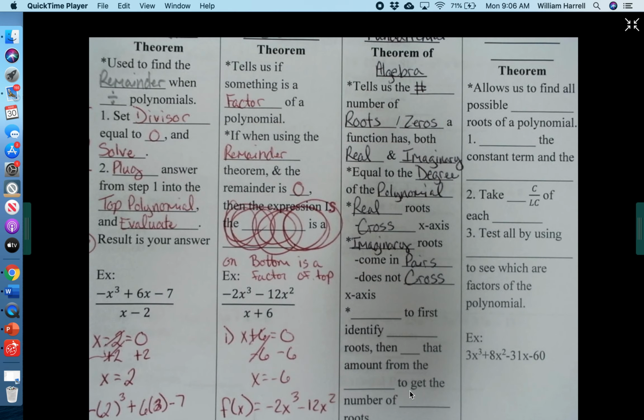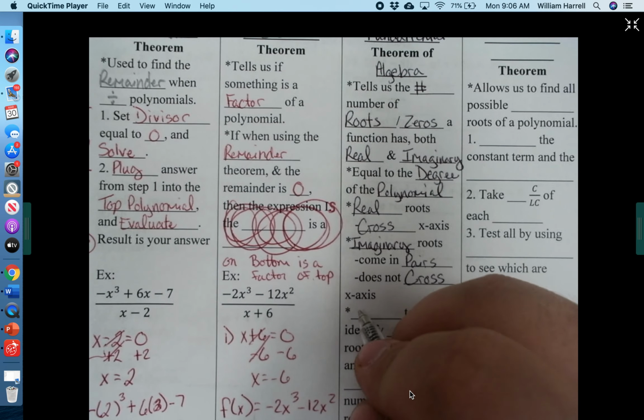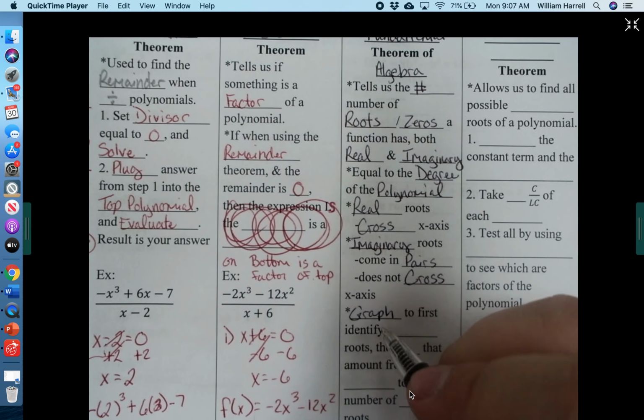So the questions you're going to see asked are to identify the number of real roots, and then identify the number of imaginary roots, and then to go from a level 1 or level 2 question, they're actually going to ask you to find them. The way you complete those questions, to at least get rid of some answer choices, since y'all have multiple choice tests, makes it very, very easy to use. Just graph it, okay? Whatever they give you, graph it to first identify your real roots.